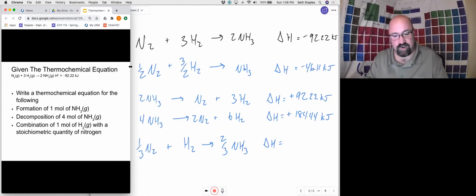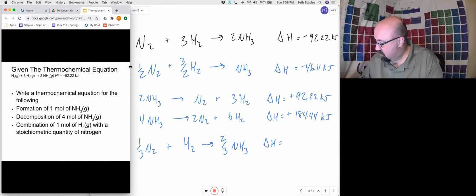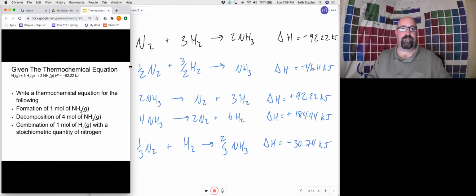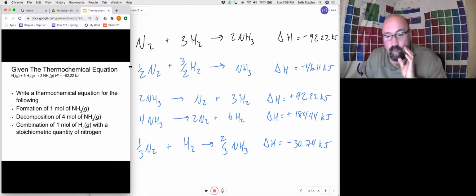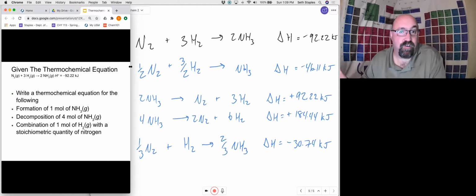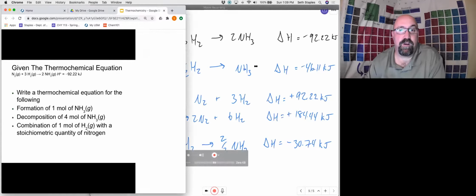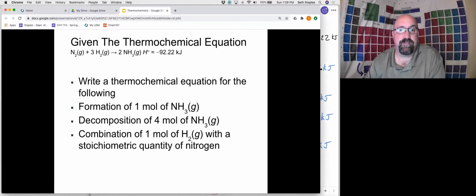And our delta H, unfortunately, I can't do 92.22 divided by 3 in my head, is negative 30.74 kilojoules. The moral of the story is that when looking at a thermochemical equation, it is okay to have fractional coefficients. We're going to see why we might want this in our next lecture. We're just introducing it now, so it's not going to come as a surprise.